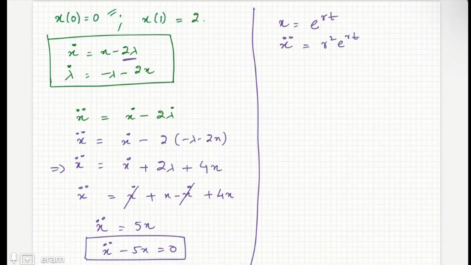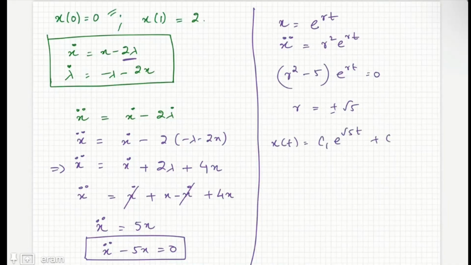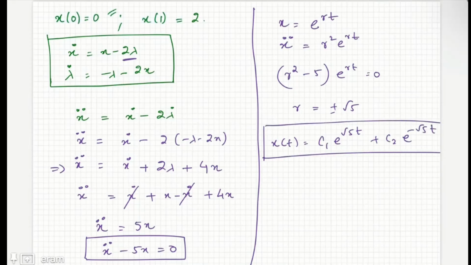The solution comes down to finding r square minus 5 times e to the power rt equals 0, which gives r equals plus minus root 5. So our solution x(t) is c1 e to the power root 5t plus c2 e to the power minus root 5t.